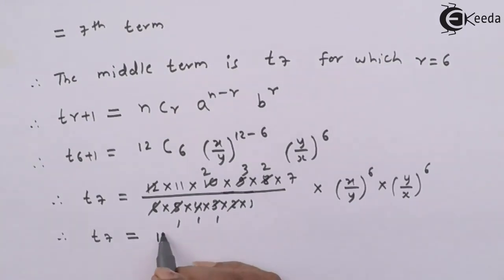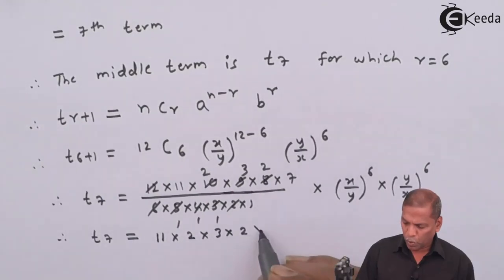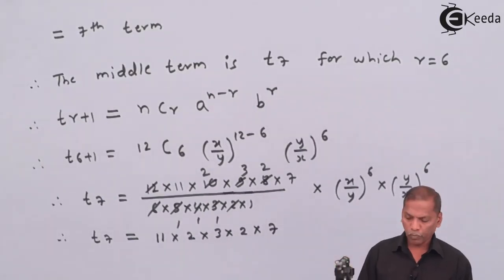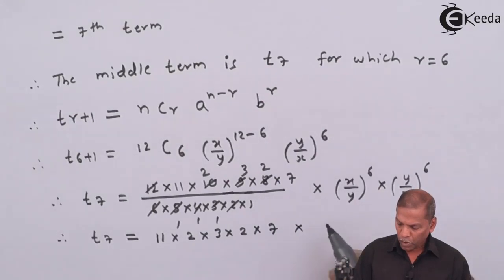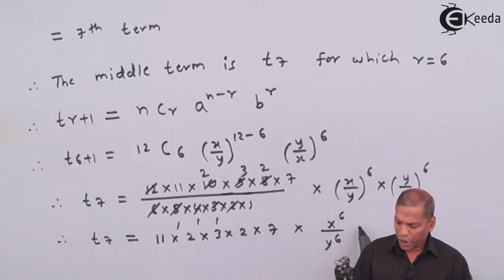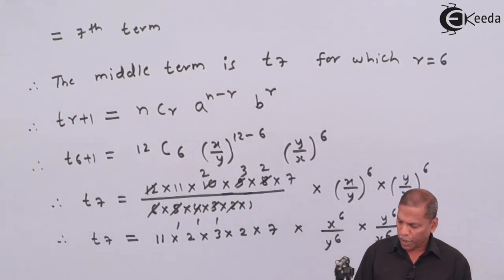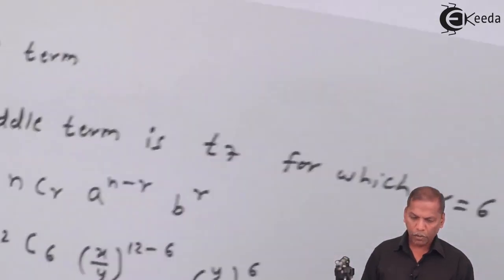So we are left with 11 into 2 into 3 into 2 into 7 into x raised 6 upon y raised 6 into y raised 6 upon x raised 6.